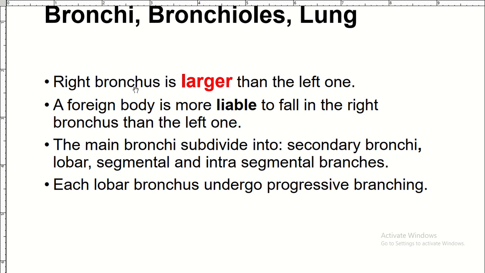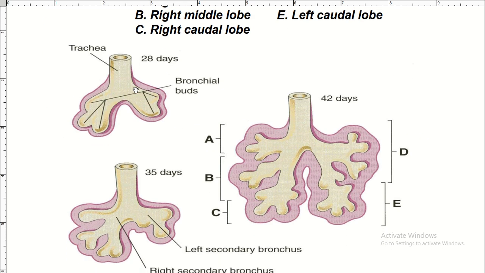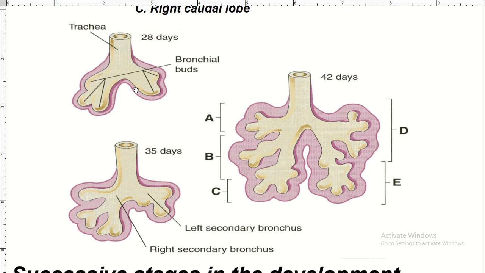Each lobar bronchus undergoes progressive branching. As they branch into further generations, they decrease in size while increasing surface area. You can clearly appreciate here your right and left primary bronchi.